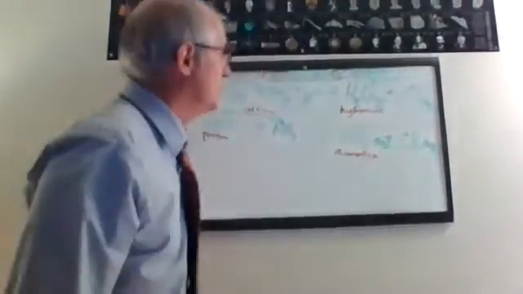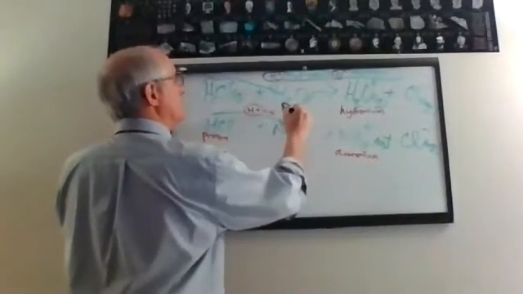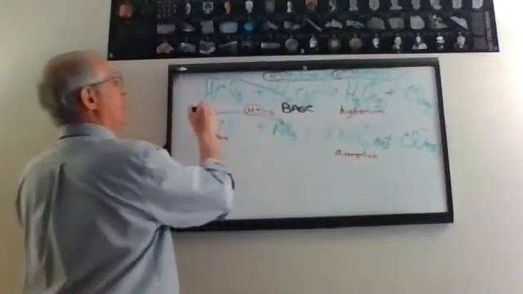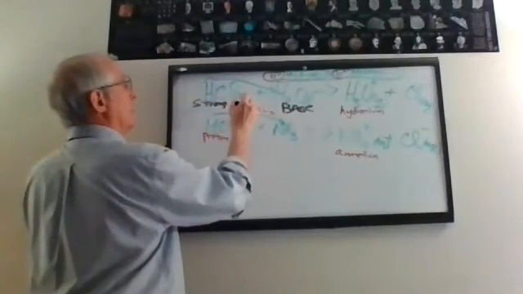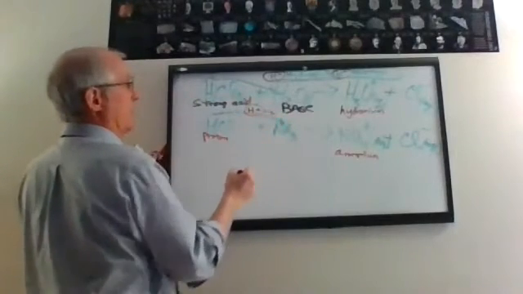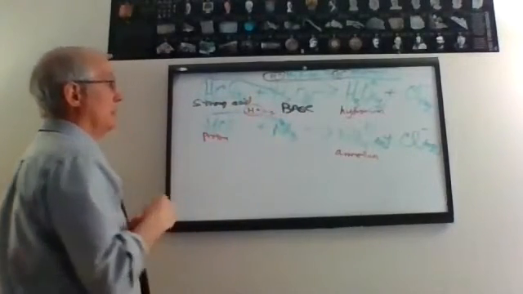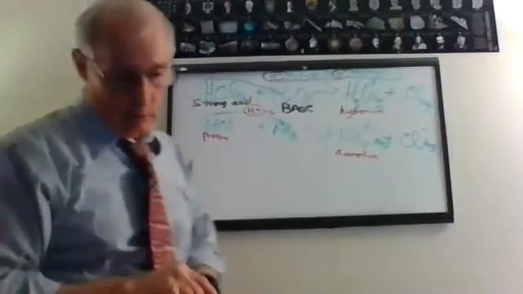Water can act as a base when it's up against a strong acid. And water can act as, well, what do we got down here on the bottom of 478?